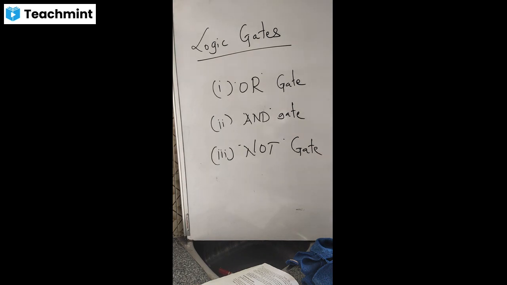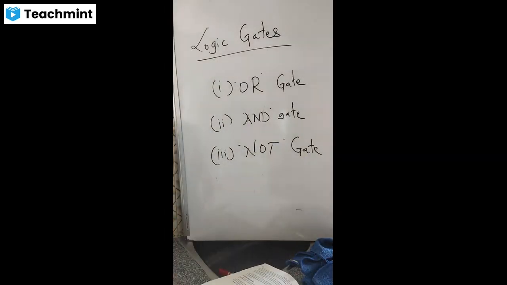Okay. These are the three basic gates, and whatever advanced logic functions there are, all these functions depend upon these three basic gates. Depending upon the situation, we may use the OR gate, AND gate, NOT gate, or even combine OR and AND.